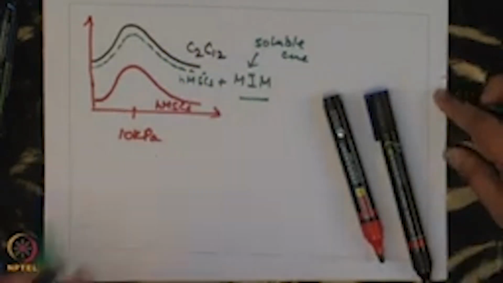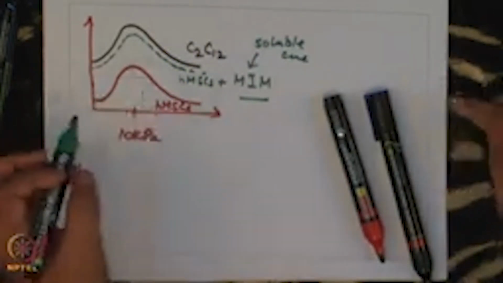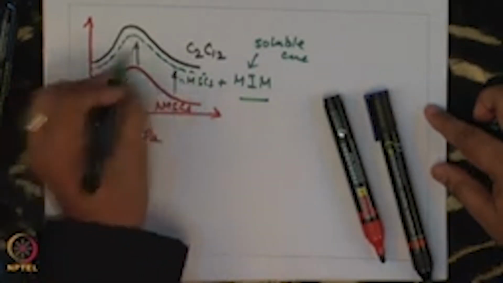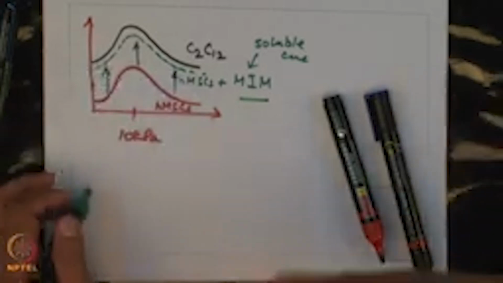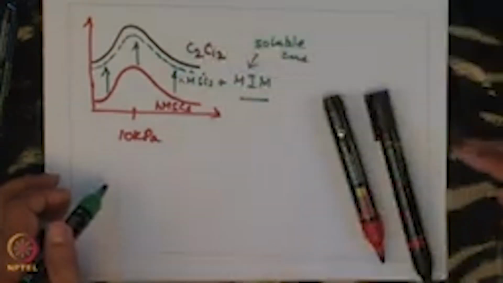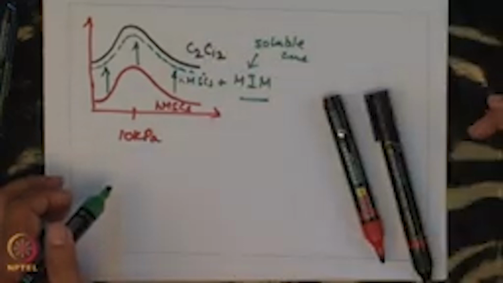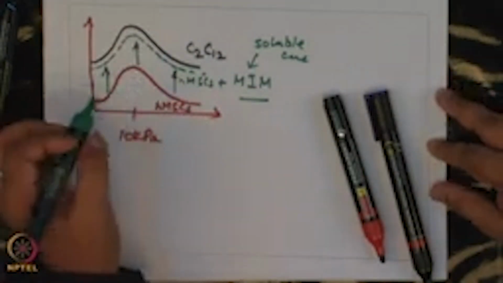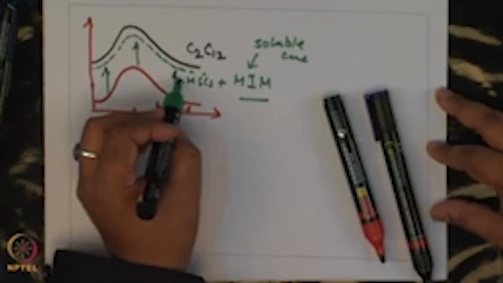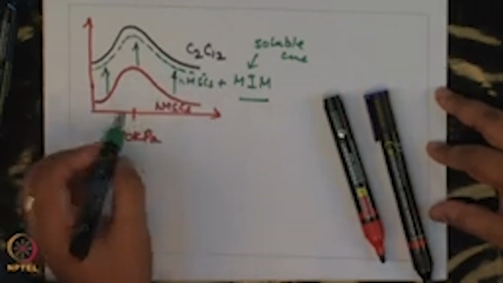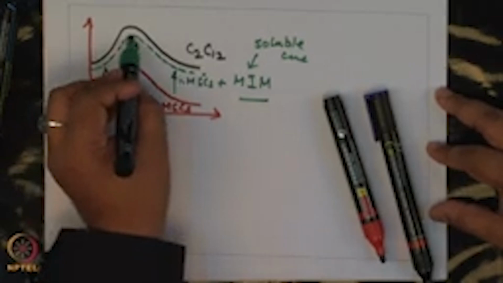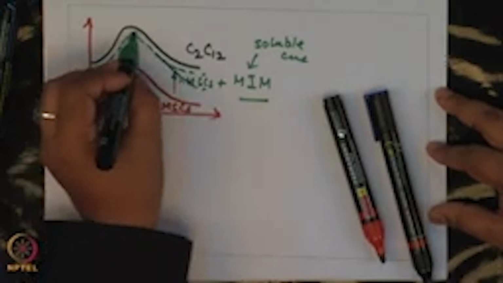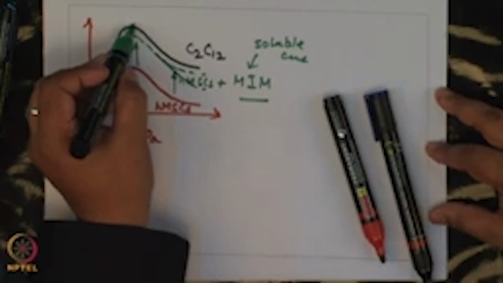Okay. This suggests that when you add a soluble cue, your state increases in a stiffness independent manner. So, you just have shifted the baseline across all the surfaces, but the peak remains the same. Okay. The peak is the physical signal, and when you add muscle induction media together with the appropriate stiffness, what you see is on these surfaces your signal is very close to that of a C2C12 cell line.